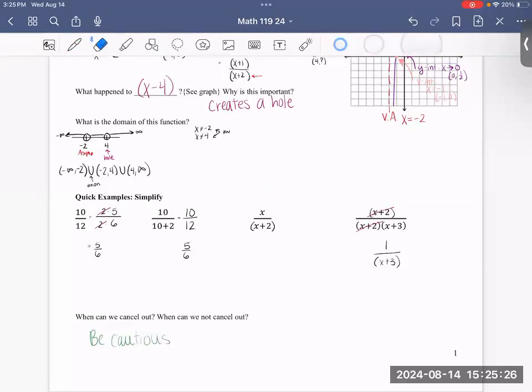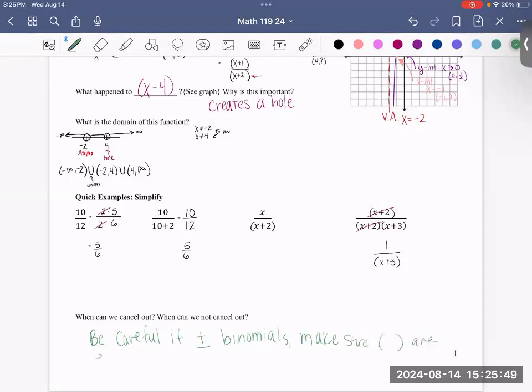That looks so bizarre. Well, I'm just going to write, be careful if adding or subtracting binomials. Make sure parentheses are exact same.